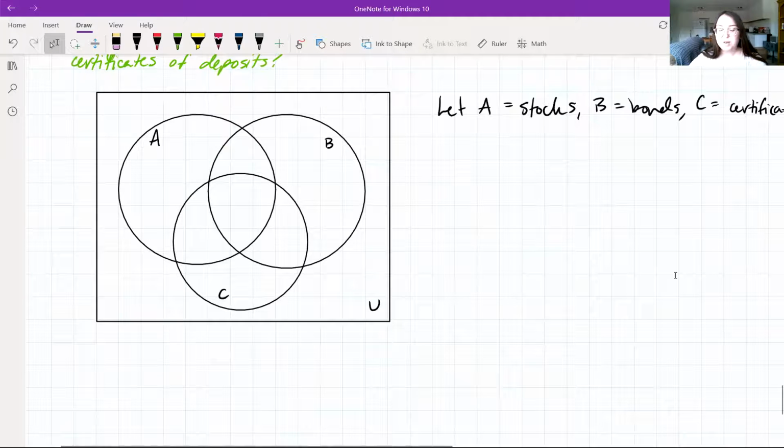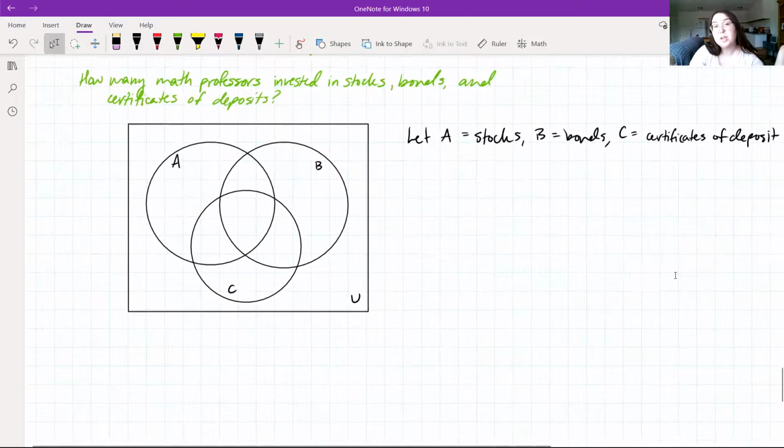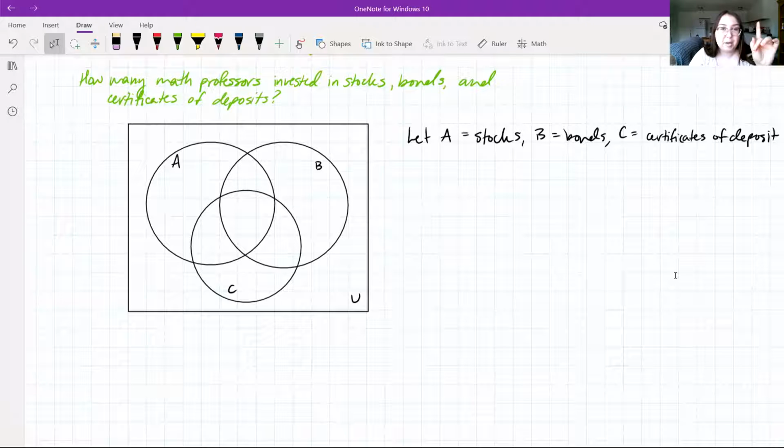So now since we found everything, well, we want to use our go-to method of filling in Venn diagrams, and we want to start in the center. But our final answer, which we need to find, is how many math professors invested in stocks, bonds, and certificates of deposit.